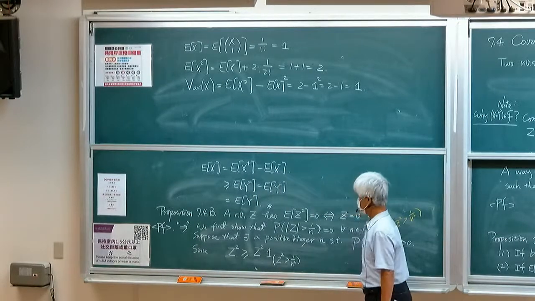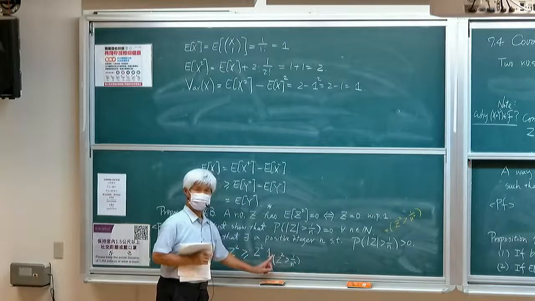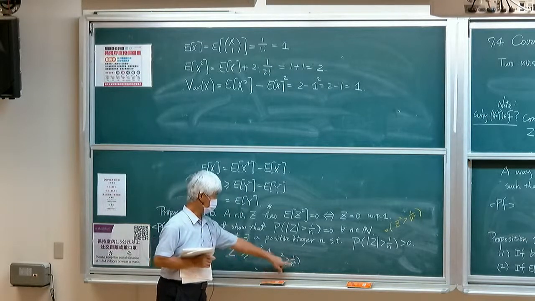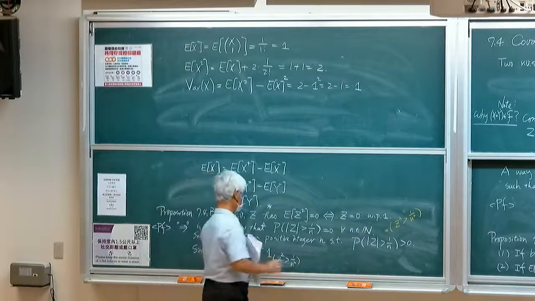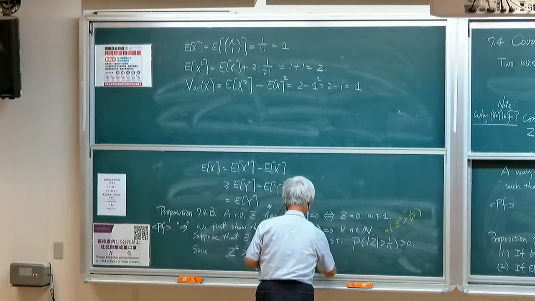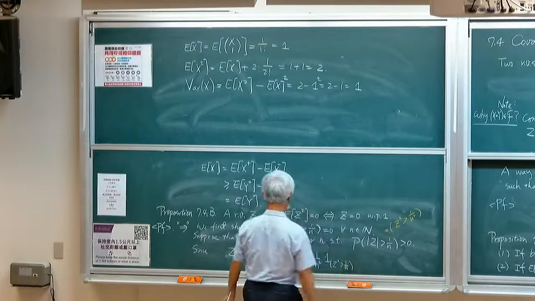Okay? And when the indicator is 1, Z square is greater than 1 over n square. So that means it has a lower bound 1 over n square times the indicator of Z square greater than 1 over n. Okay?